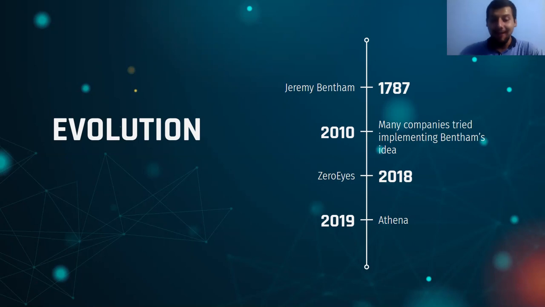In 2019, Athena Security's systems came up with a system where they distinguished themselves from the rest totally. They set another level, distinguishing themselves through object and facial recognition.